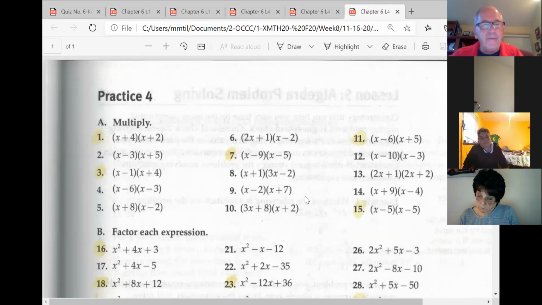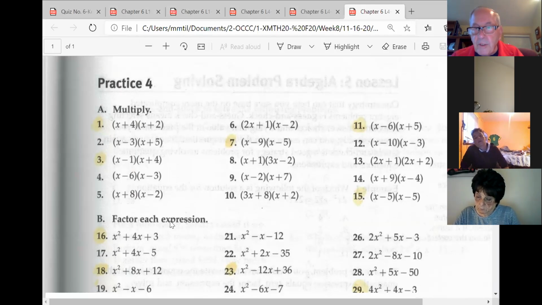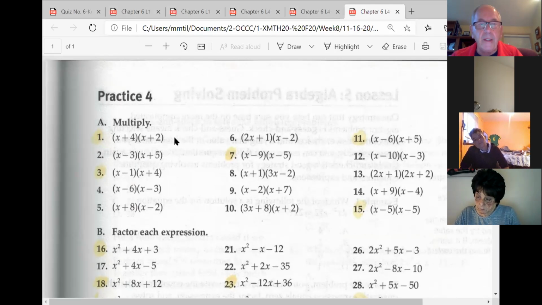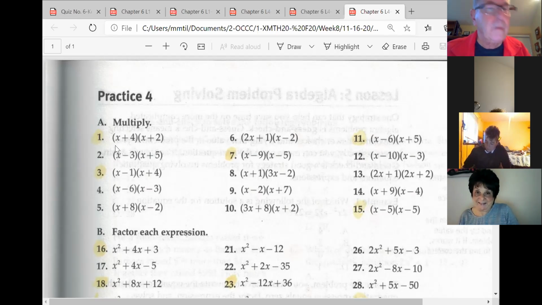And like I say, the first 15 of these are all in the root. You've already got the roots, right? And what you're asked to do is figure out what the equation looks like. In other words, do the FOIL method to go ahead and calculate it, right? We'll do a simple one. So let's do number 4 or number 3, right? So I'm going to stop sharing, and we're going to share my screen again.